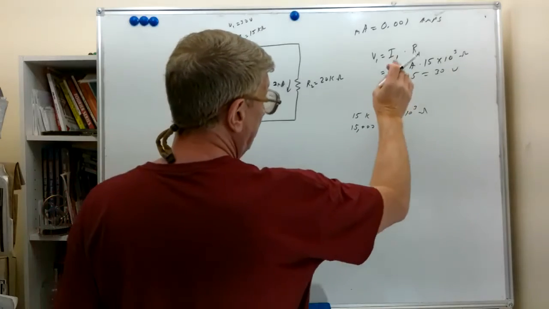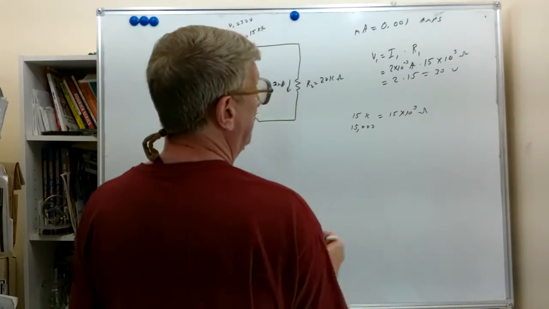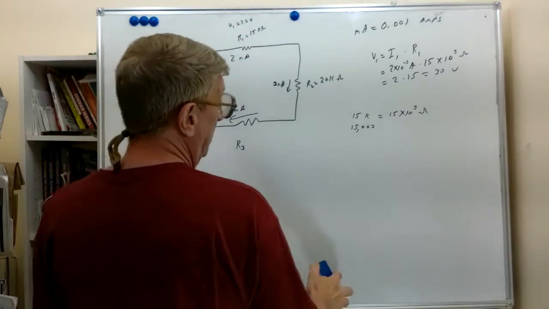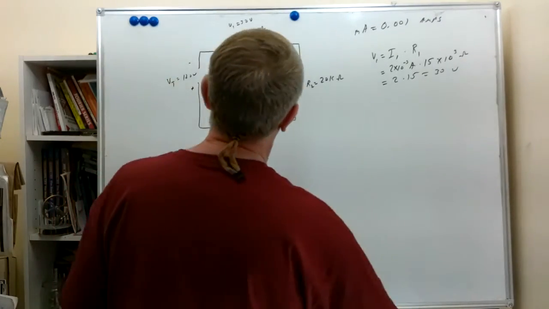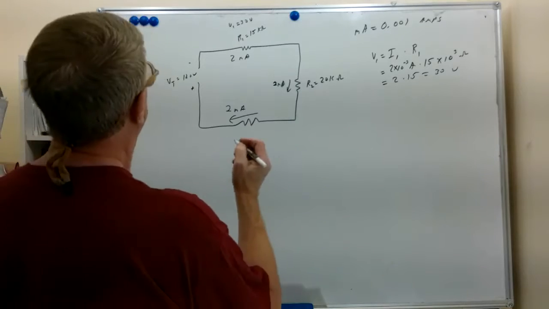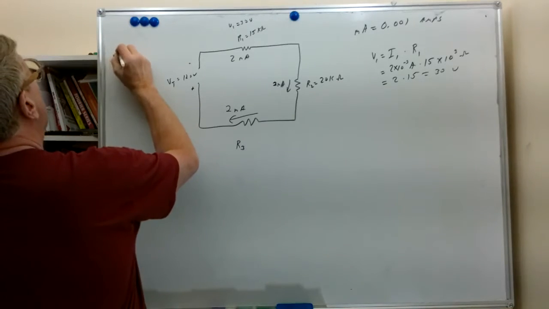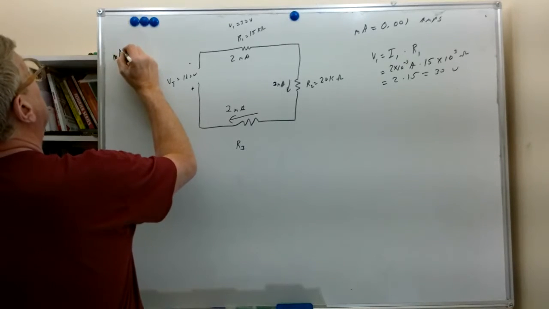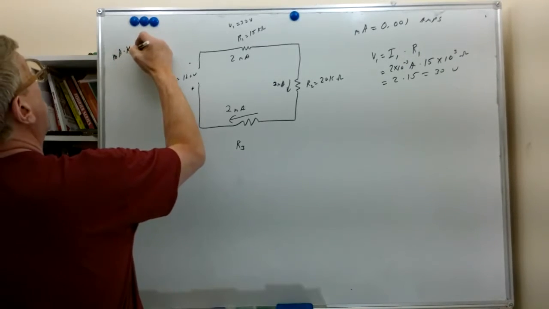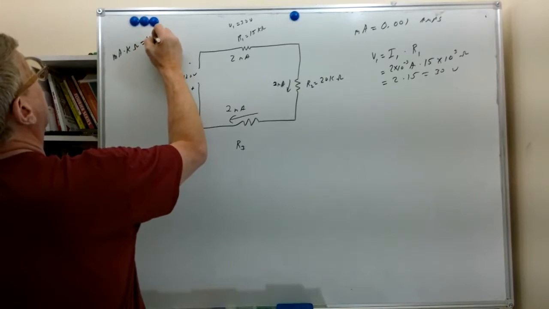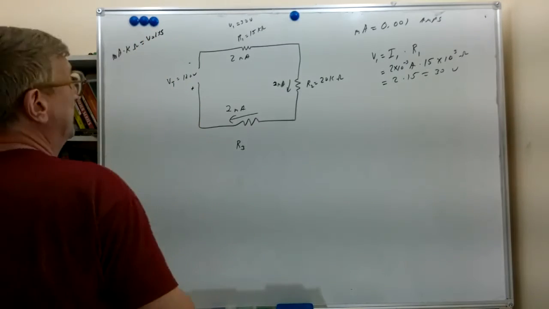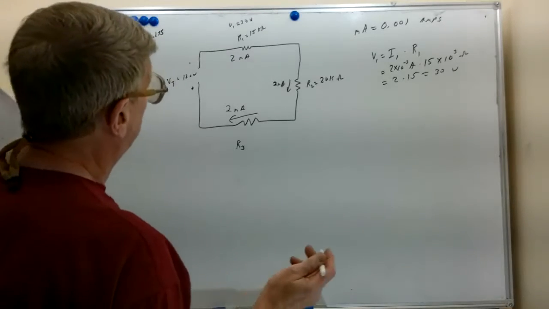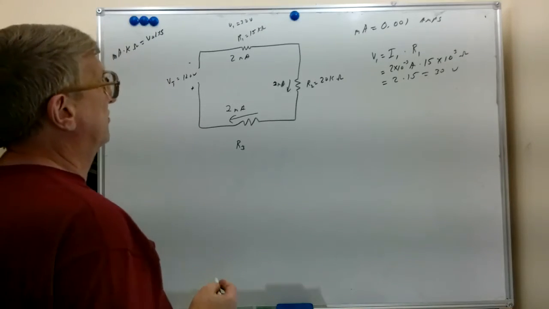And it's because of this cancellation of the 10 to the negative 3 and the 10 to the third exponent, which is kind of handy to remember. I'll write that here. Milliamps times k ohms equals volts. Save you some complexity in your calculations.